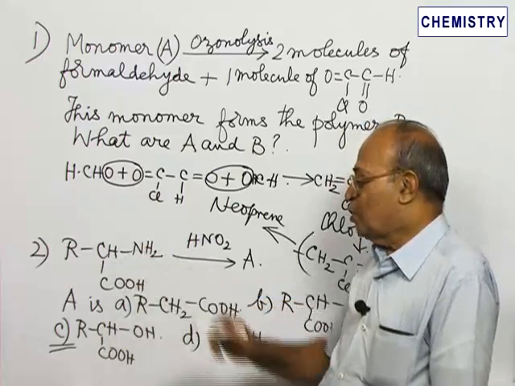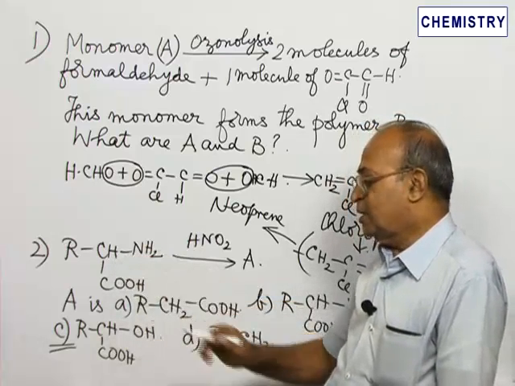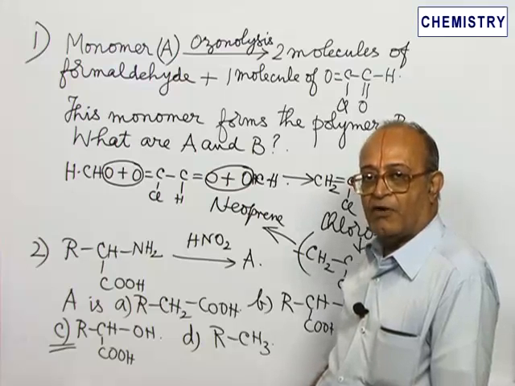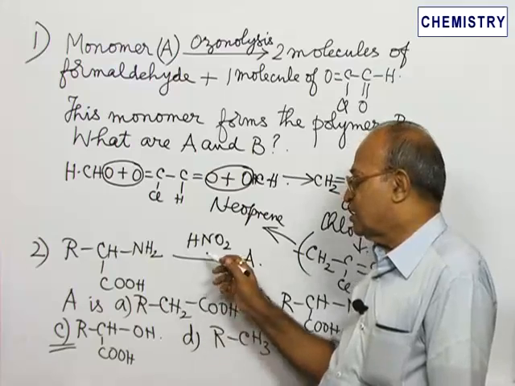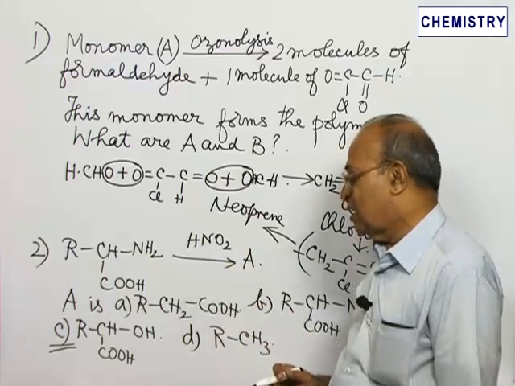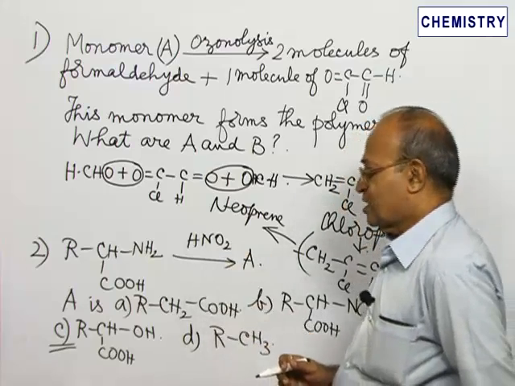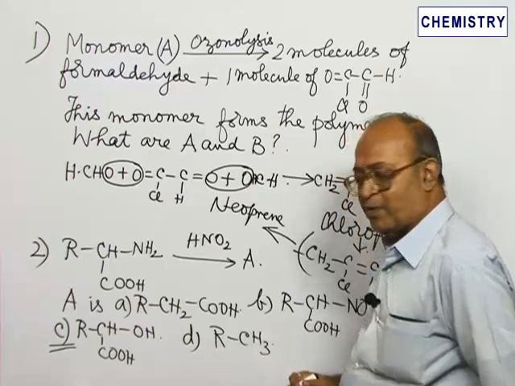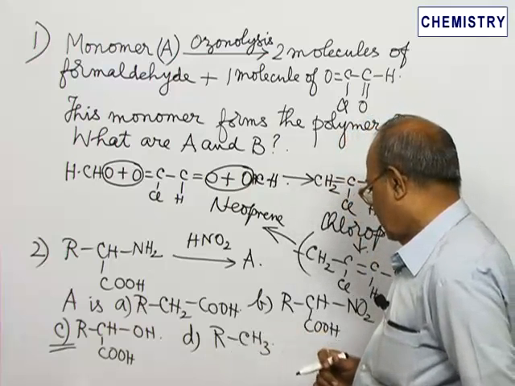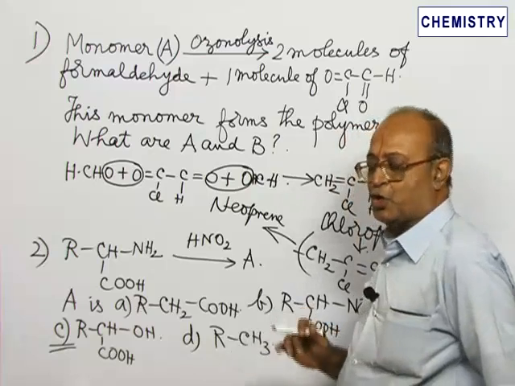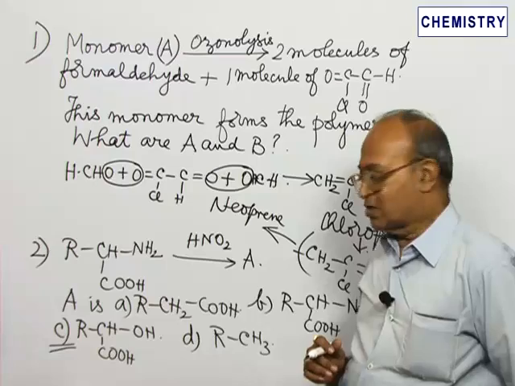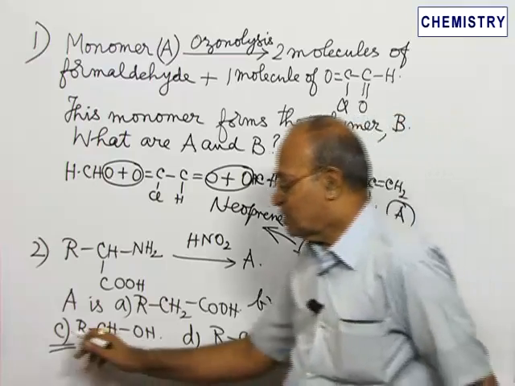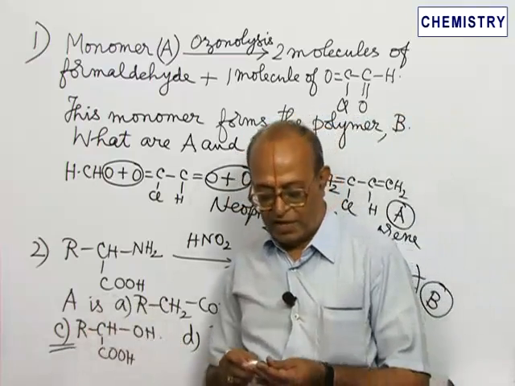So, amino acid leading to the formation of a hydroxy acid when the amino acid is treated with nitrous acid. So, this reaction won't lead to the formation of an alkane or a nitro carboxylic acid or a simple monocarboxylic acid. So, C is the correct option.